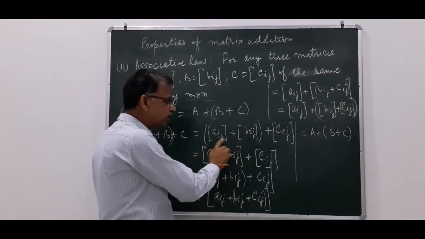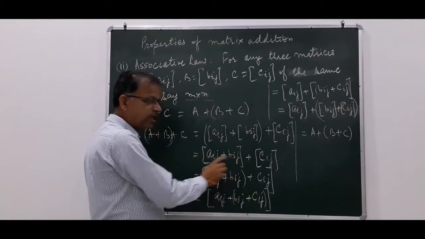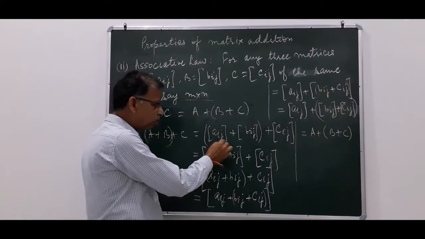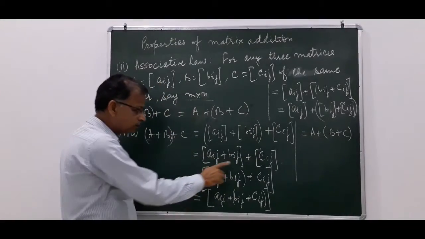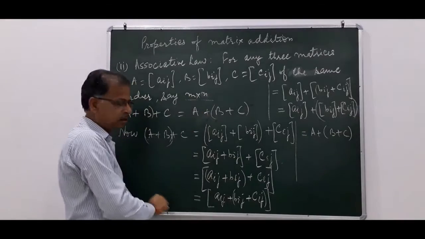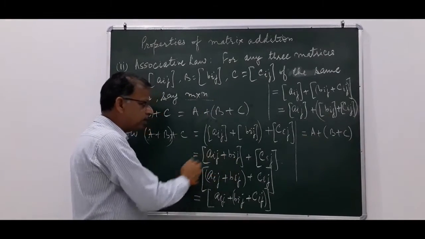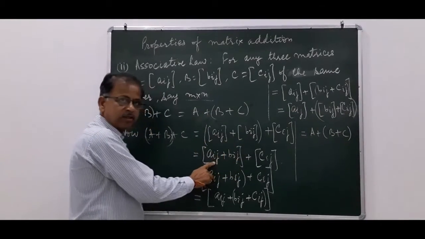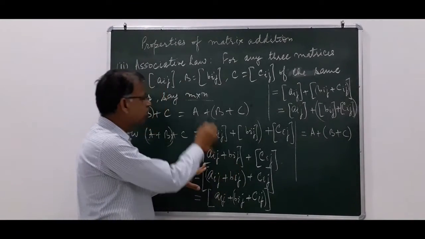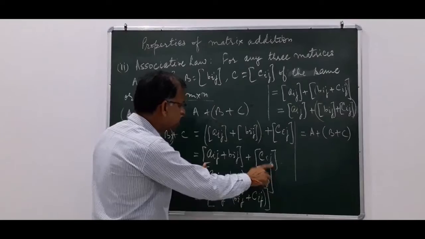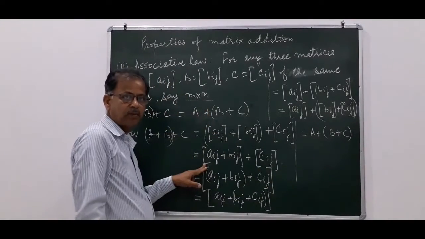Now sum of these two matrices is Aij plus Bij, because both the matrices are of the same order m by n. So their sum will be of order m by n, and their corresponding elements will be Aij plus Bij. Now first matrix is of order m by n, second matrix is of order m by n.